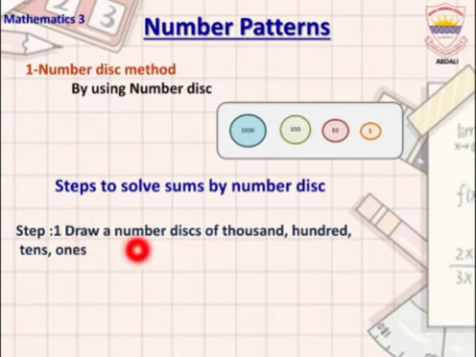Step 1 is draw a number disk of 1000, 100, tens, ones. First of all, we draw a number disk of 1000, 100, tens, ones.